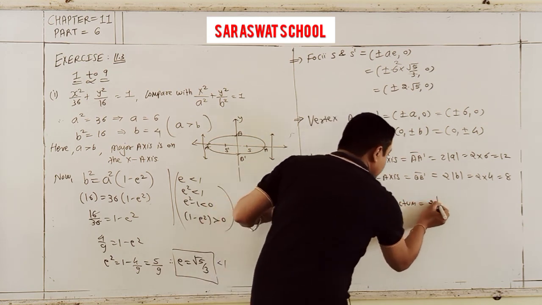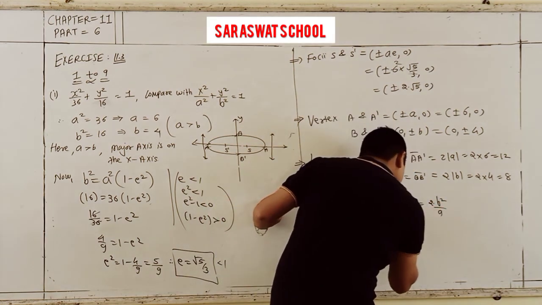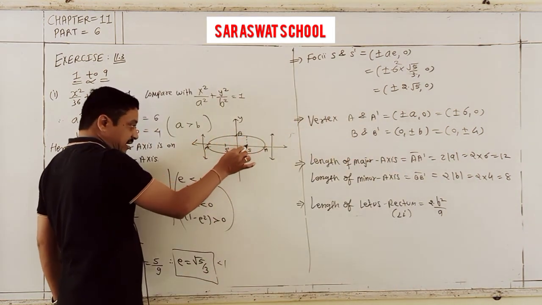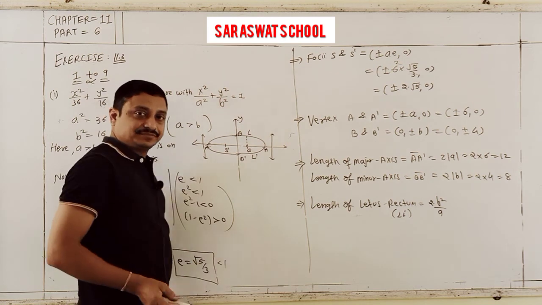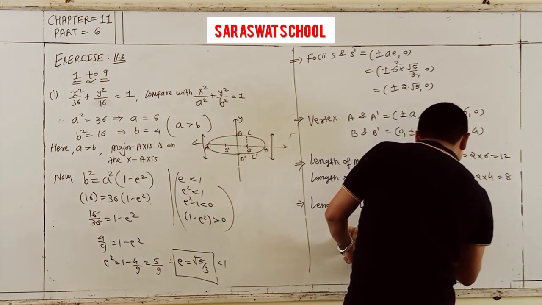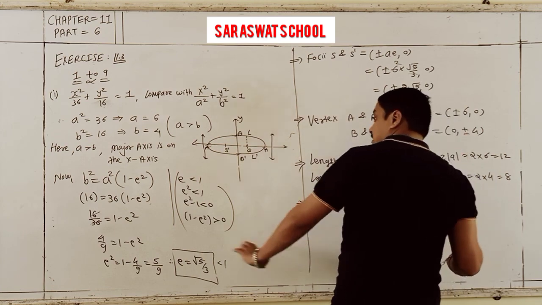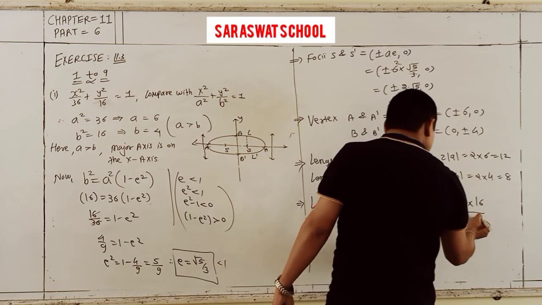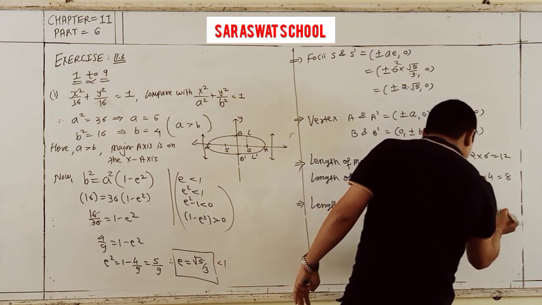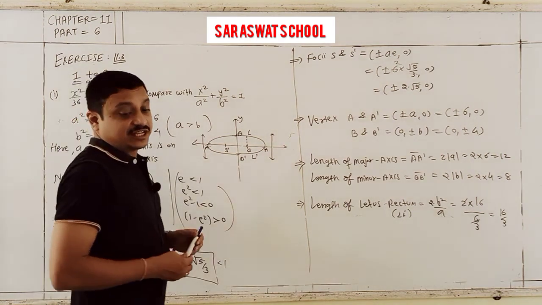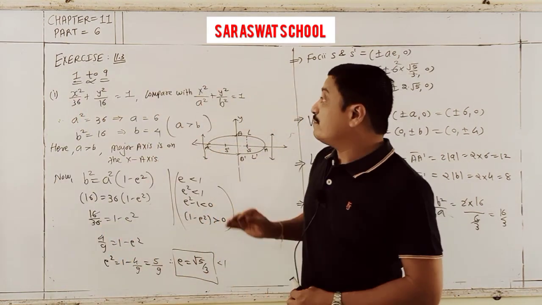It is 2b square by a. This is the length LL dash, students. Here you mention in this drawing that LL dash is 2b square by a. And what's here, students? B square is 16, but a is 6. So 2 times 16 by 6, which is 16 by 3. And here, students, your question number 1 of 11.3 is very easily and happily done.